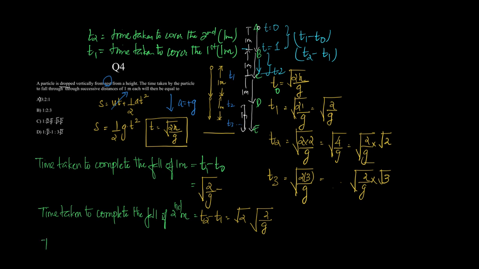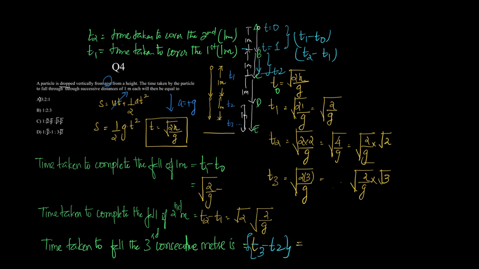Now for those students who couldn't get the concept, let me make sure that I explain the concept very clearly in the third step. So time taken to fall the third consecutive meter is equal to t3 minus t2.